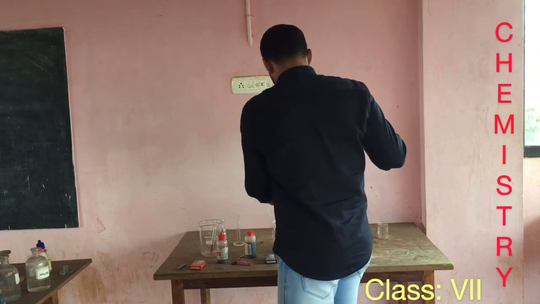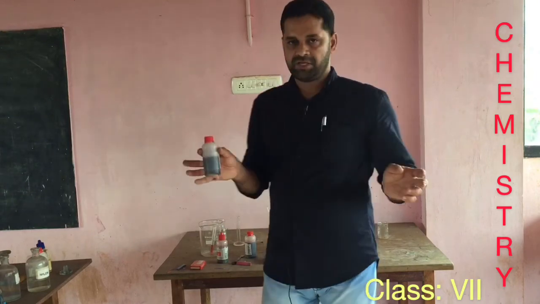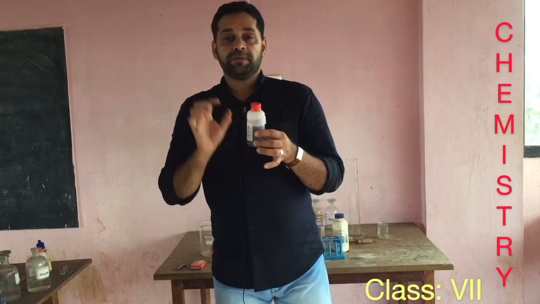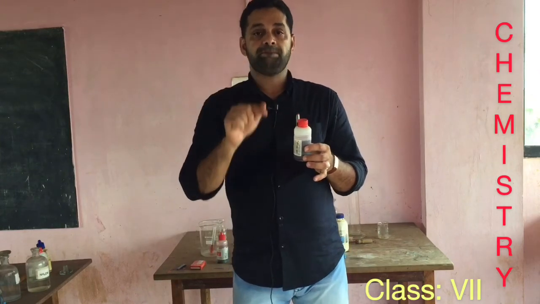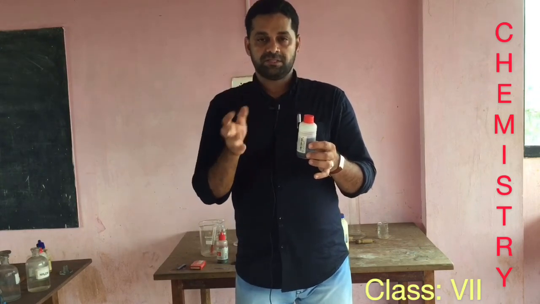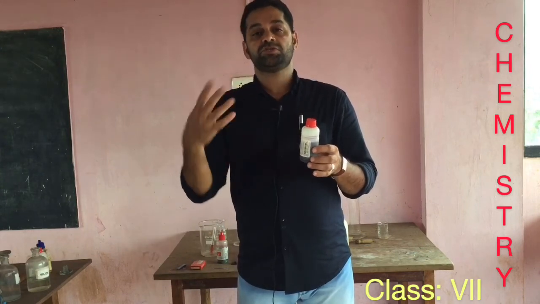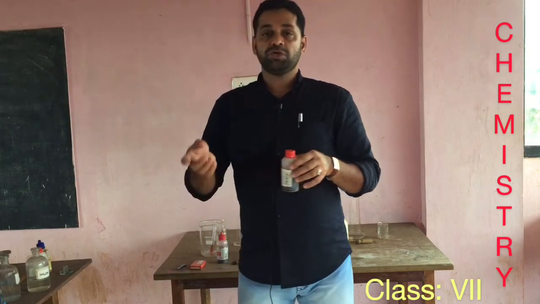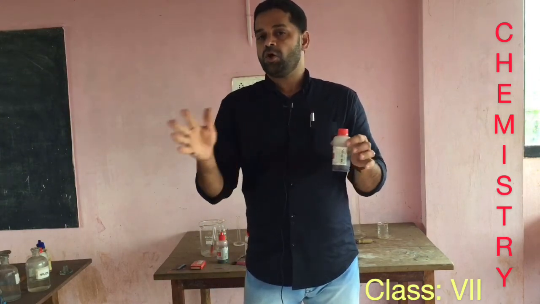So, in neutral substances there is no color change. When we add blue litmus solution to a base, no change. But when we add blue litmus solution to an acid, it changes to red. When we add red litmus solution to an acid, no color change.